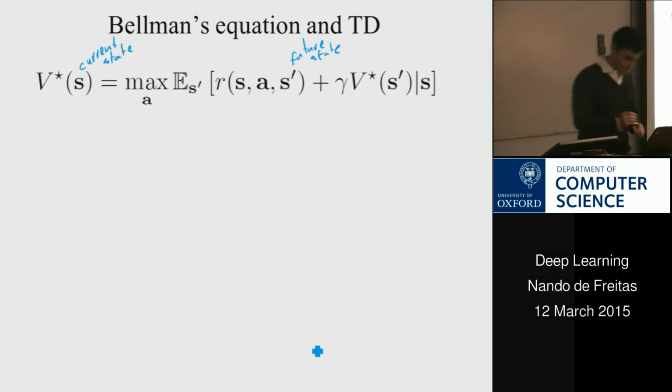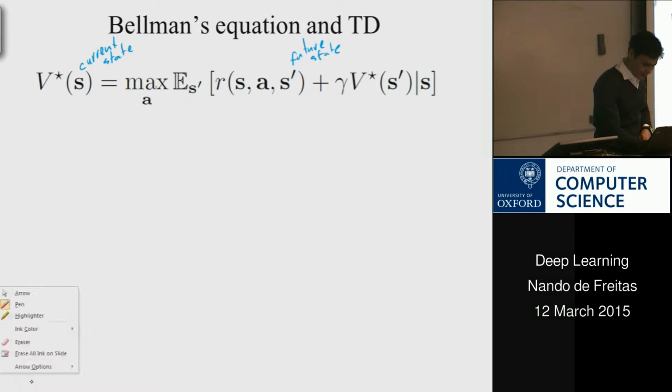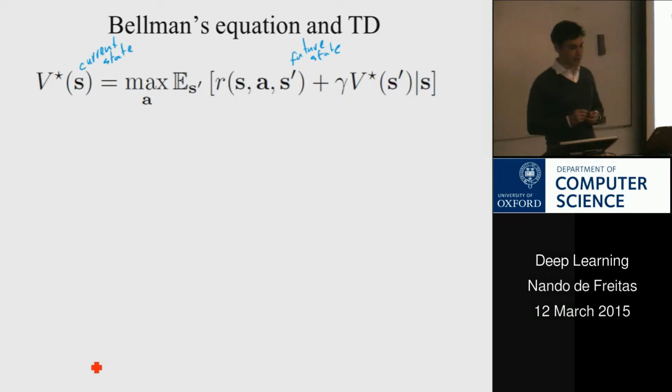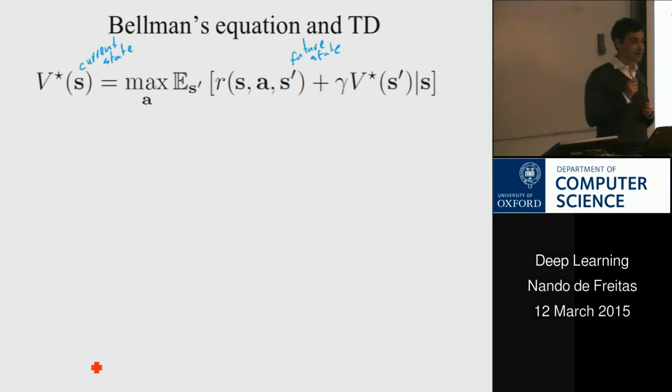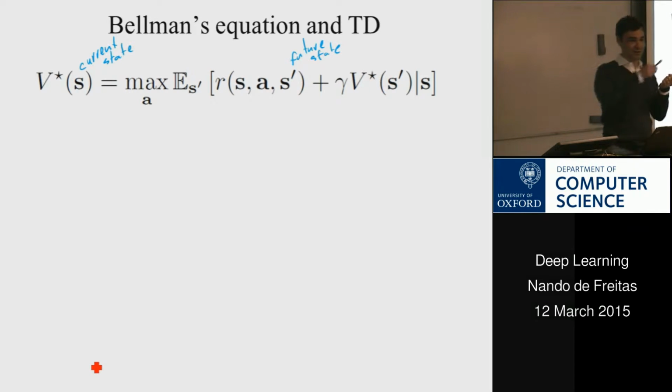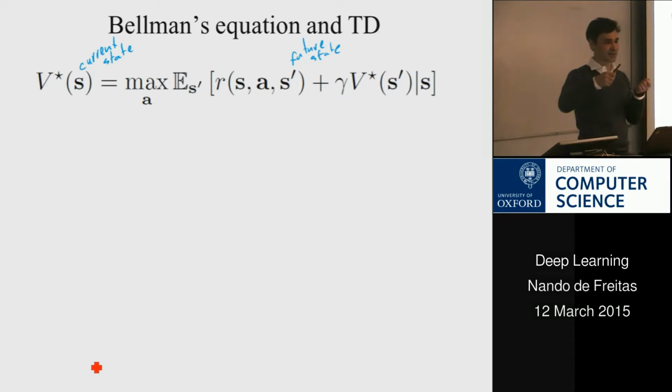So the first reinforcement learning algorithm that people come up with is something called temporal differences. And this is very similar. The algorithms for reinforcement learning will be very similar to SGD. In SGD, we had the expectation of the derivative with respect to the parameters of some cost, with respect to the distribution of the data.